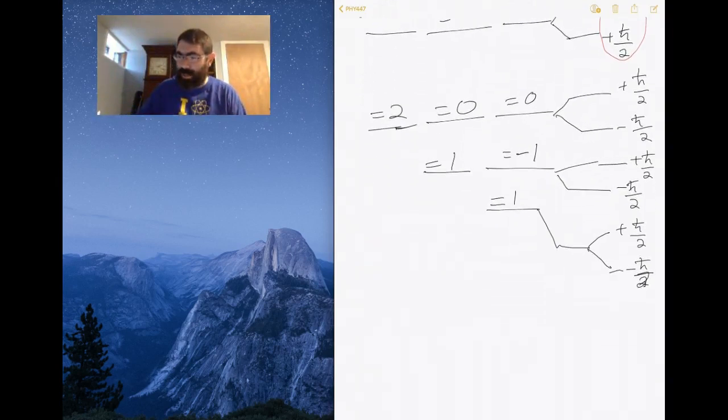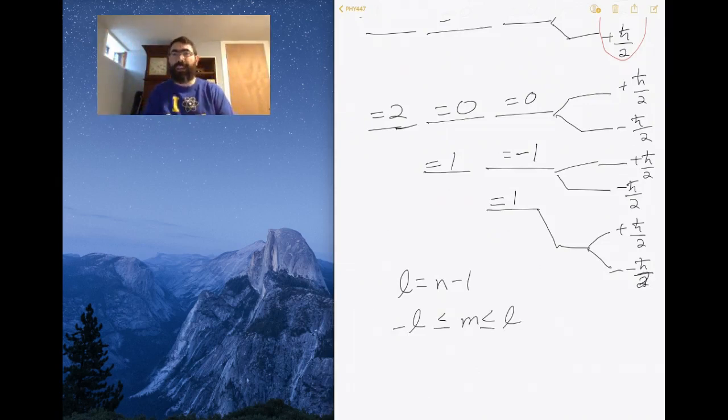So we know that L can't be bigger than n minus 1. We know that M has to be in between minus L and L.